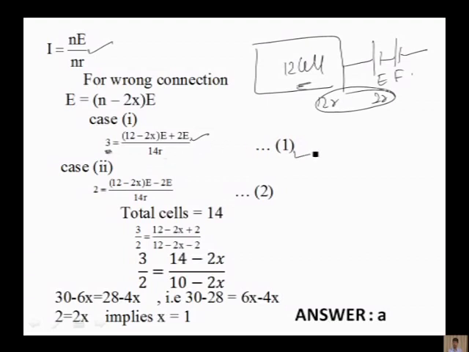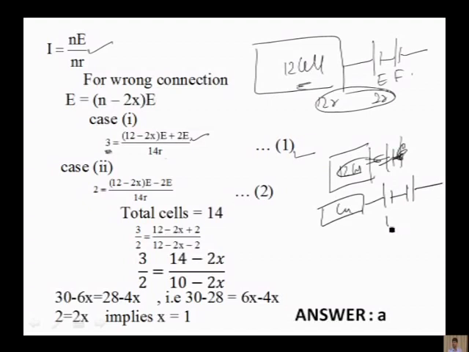Similarly, the connection for this battery, this is a 12 cell battery. The connection is wrongly connected like this. Wrongly connected. Cell, this is positive, again like this, this is E, this is E. Now we are going to have the equation like this.